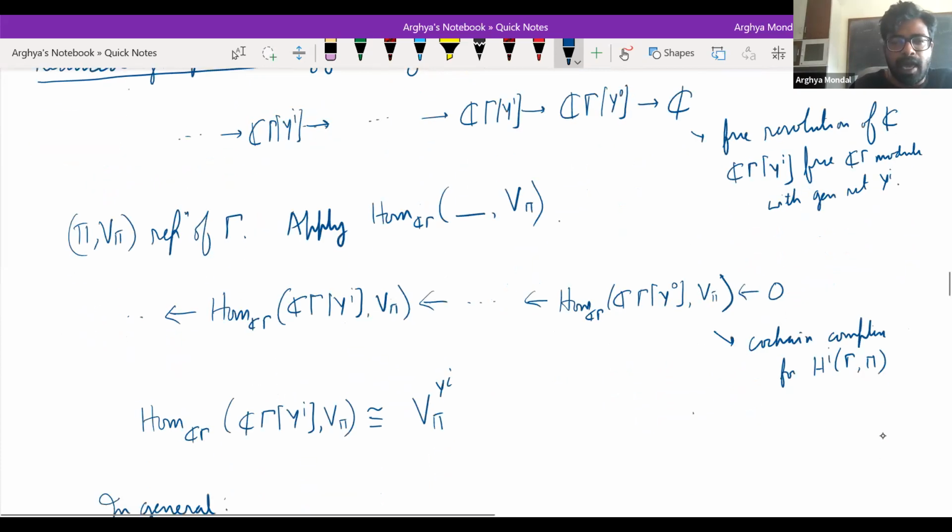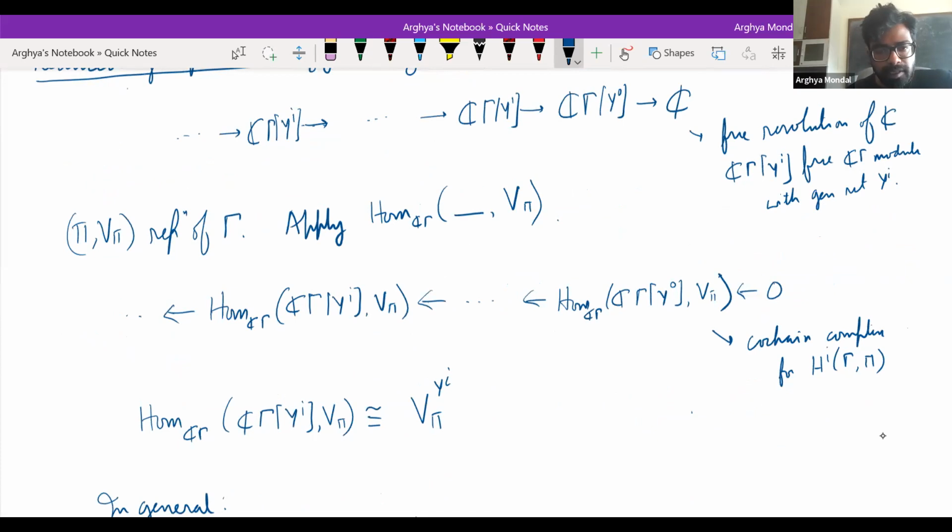If you look at the elements of this complex, they are homomorphisms from a free C gamma module to another C gamma module.